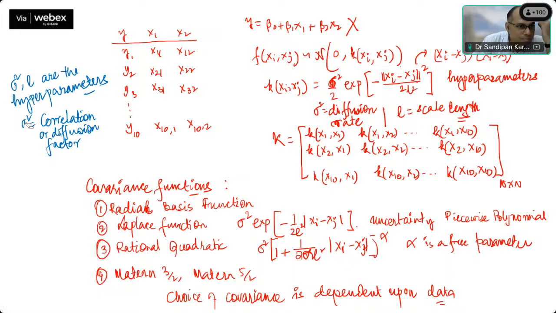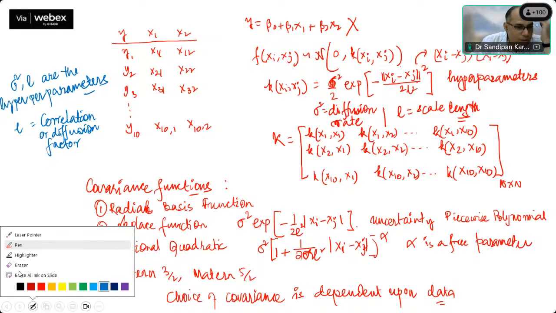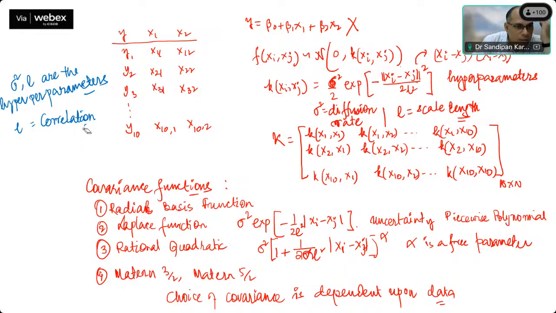That is L, and sigma square is actually the diffusion factor.